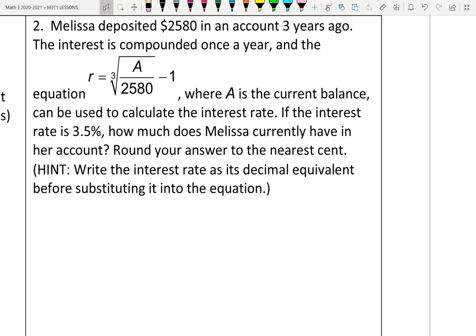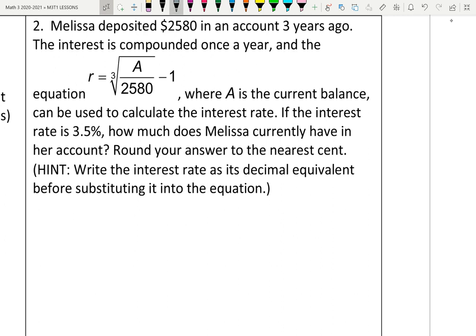Remember, round your answers to the nearest cent. And you also have to make sure you write the interest rate as its decimal equivalent before substituting it into the equation. So A is the current balance, R is the interest rate.